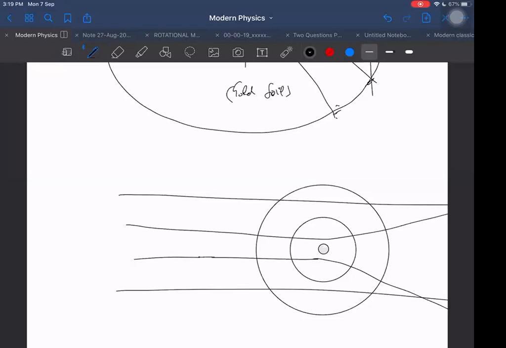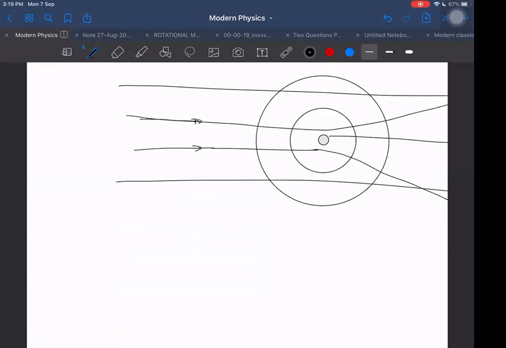Because very few are deviated, very few reach very close to the nucleus and get deviated by some angles. By that he concluded that the radius of the nucleus is nearly 10 raised to power minus 5 times the radius of the atom.